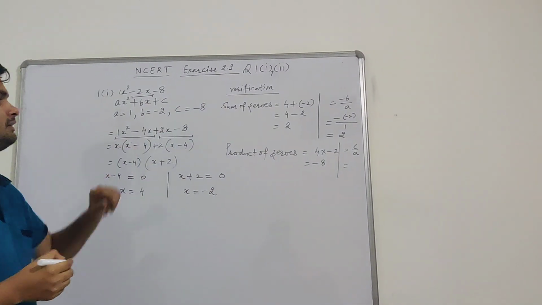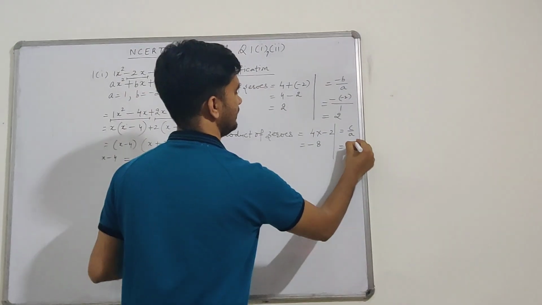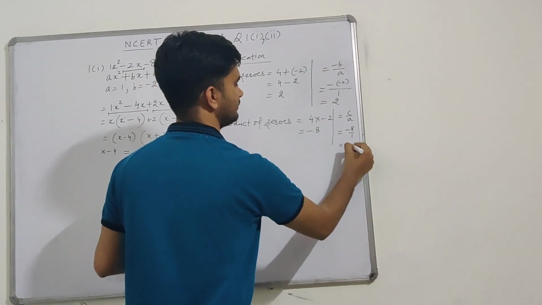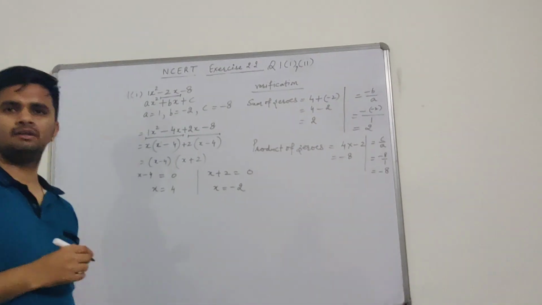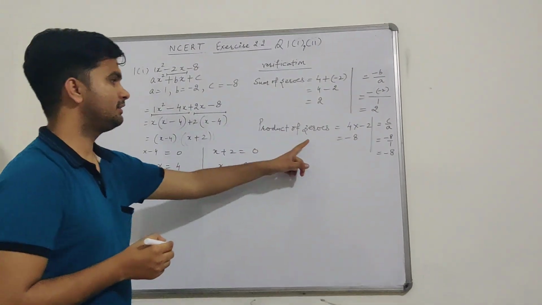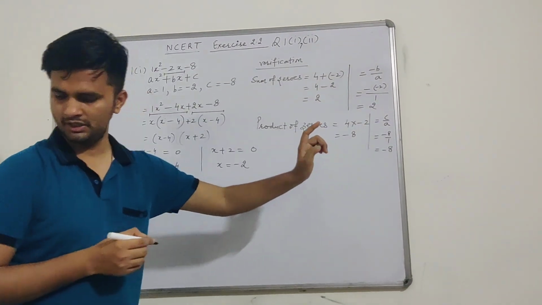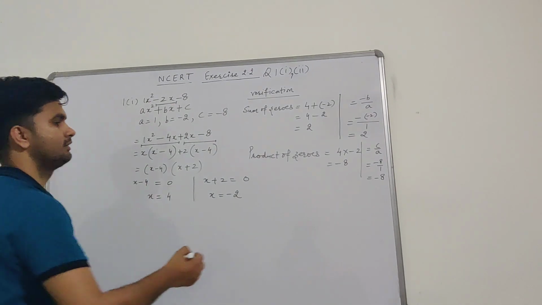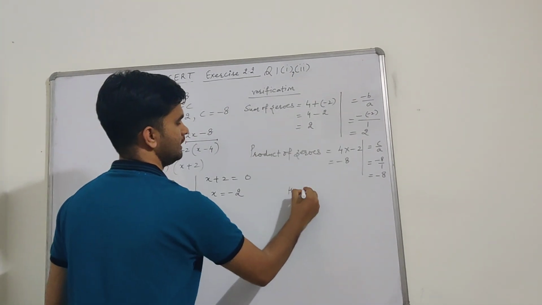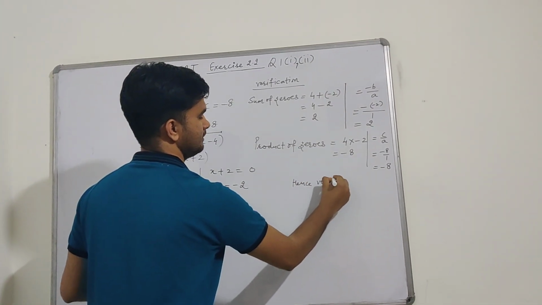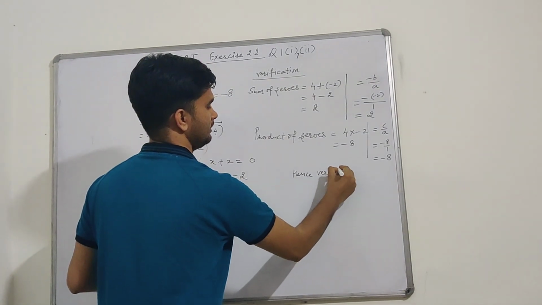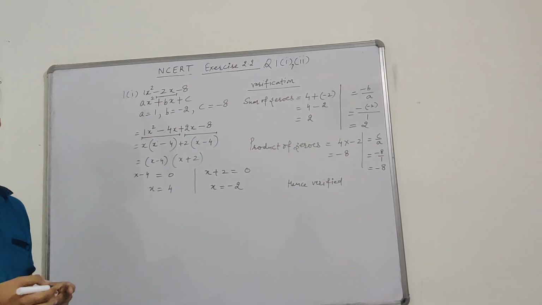And what is c here? Minus 8. a is 1. So it is equal to minus 8. See here, product of zeros is verified. So in the end you will write hence verified. I hope it is clear to you all.